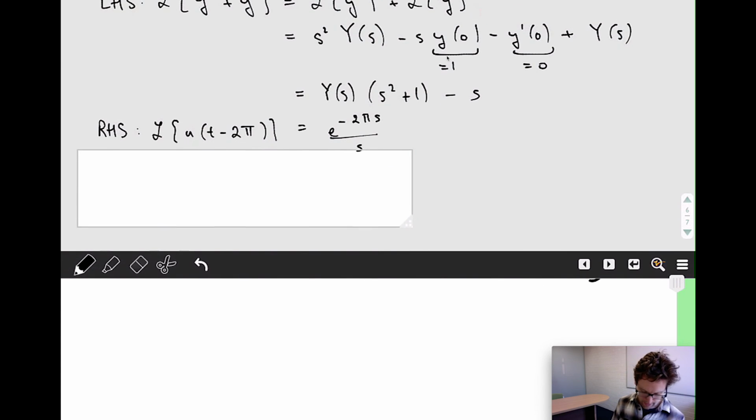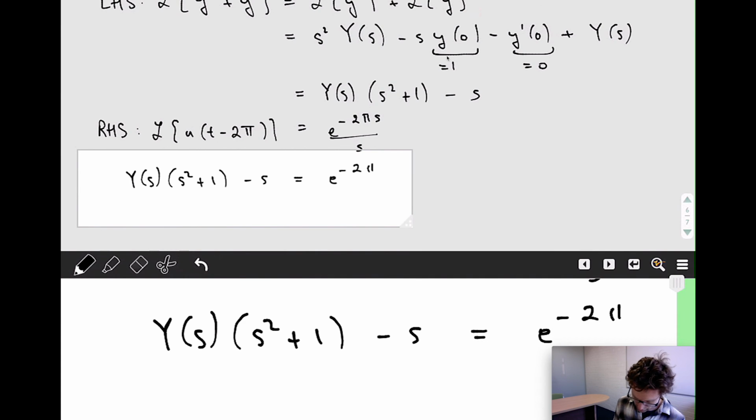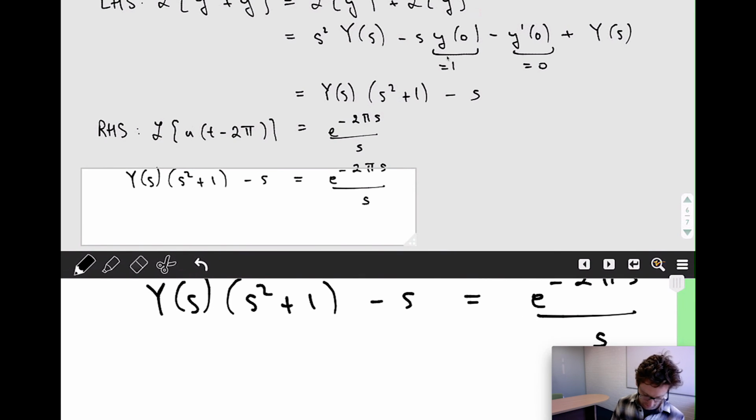So let's match each of those sides. So I've got Y of s times s squared plus 1, minus s on the left-hand side, is equal to e to the minus 2 pi s all over s on the right-hand side.